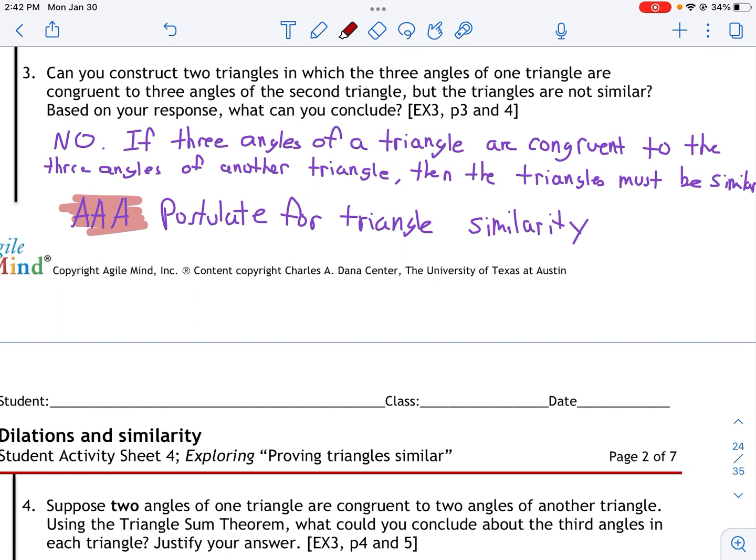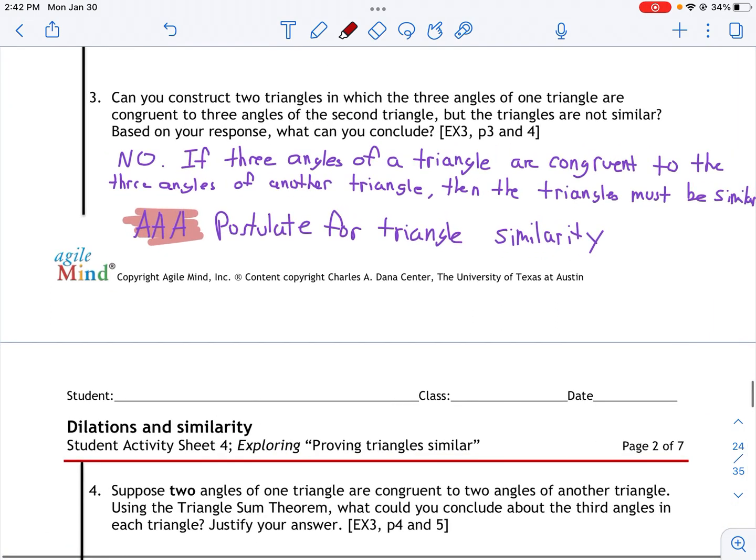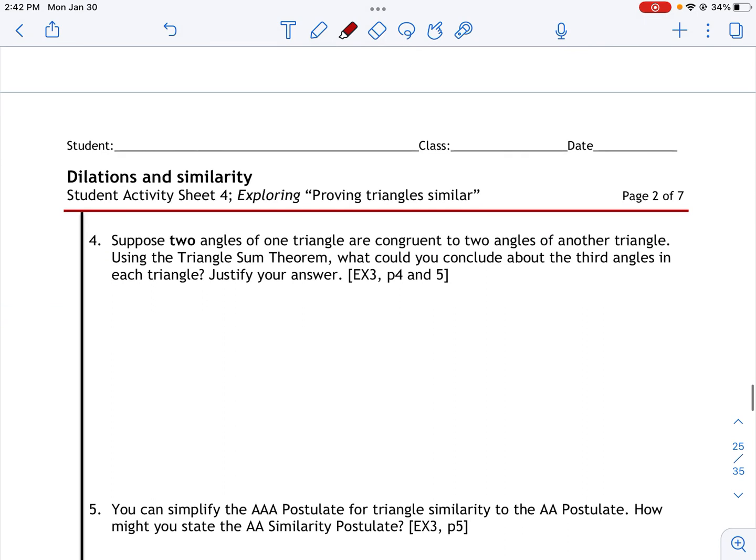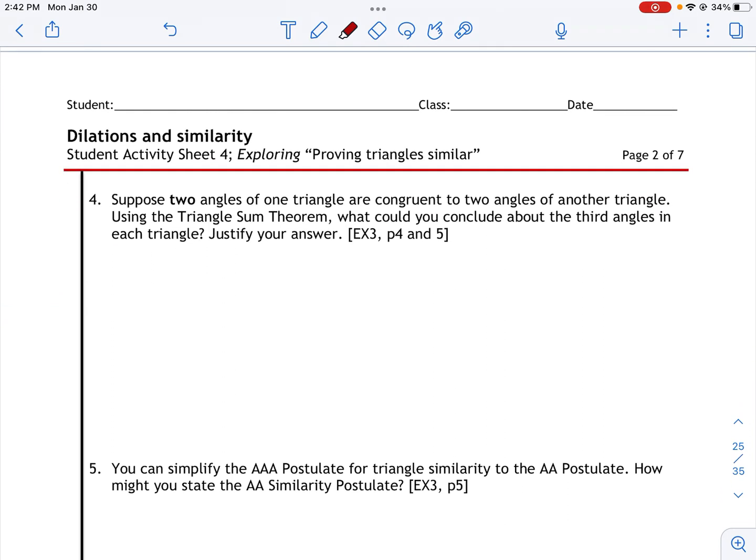So when we're talking about similar triangles, we can use AAA to prove that the 2 triangles are similar. Okay? So we're going to practice this stuff in a couple problems. We're going to go through some other ones. And we're going to show AAA. We're going to show AA. I believe we're going to talk about side, side, side. We're going to talk about side, angle, side. So this next one on the next page.